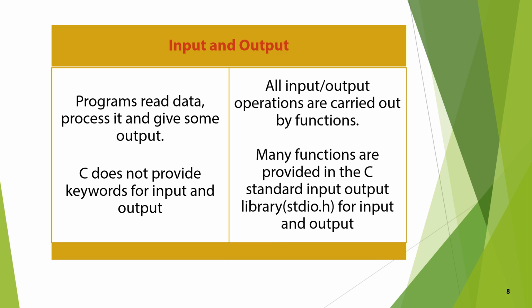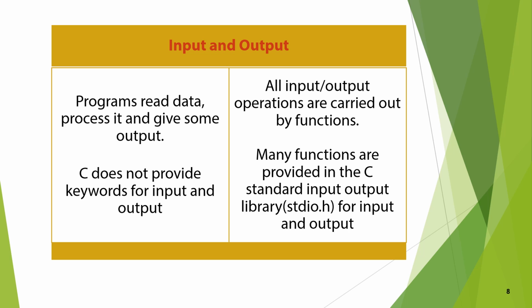All input and output operations are done by functions, because we have already discussed that C works on functions. There are many functions provided by C, in which there are different libraries.